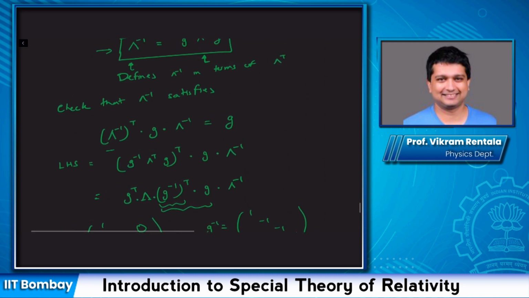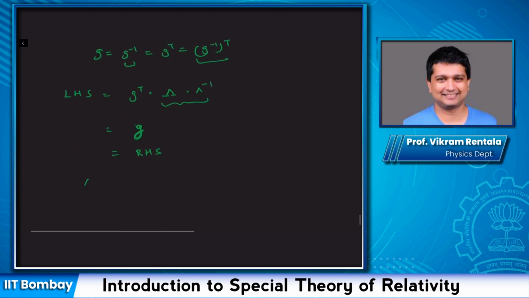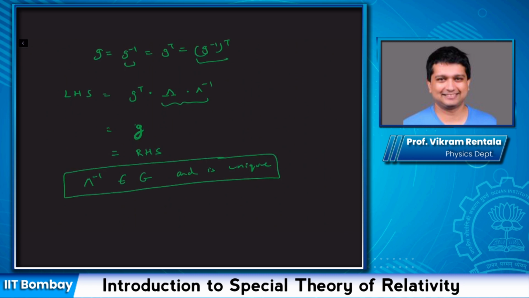Okay, so we have checked that lambda inverse satisfies this equation. So lambda inverse belongs to G and is unique because matrix inverses are unique if they exist. And we've shown that they exist because the determinant of lambda is either +1 or -1.